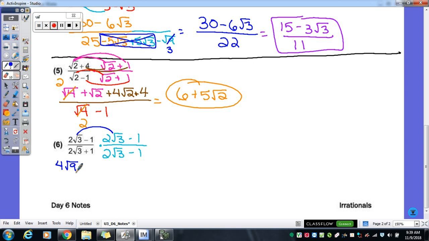Multiply the numbers underneath, 3 times 3 gives us 9. And then times a negative 1, so that's negative 2 radical 3. Then we'll distribute that negative 1, so we get another negative 2 radical 3, and then a plus 1. Negative 1 times negative 1 is positive 1.